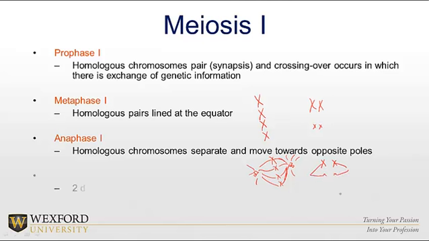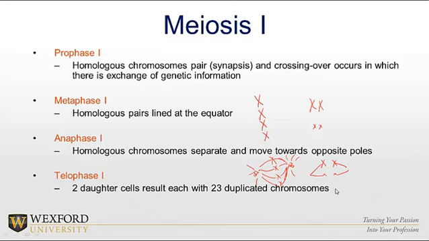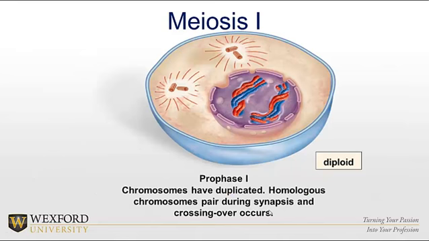We'll have a better look at this in a second. And then once again, in telophase 1, 2 intermediate daughter cells, each with, in the case of humans, 23 duplicated chromosomes. So they still look like this at the end of telophase 1, as opposed to in a mitosis telophase, they look like this. So let's look at a little bit more specific here.